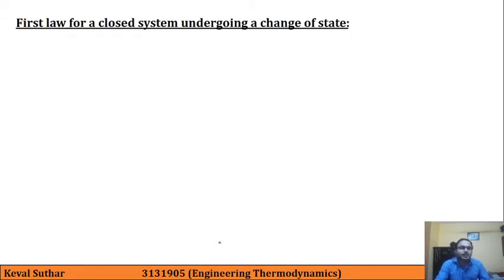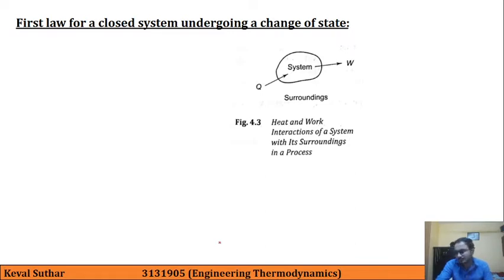Now we will apply first law of thermodynamics for a closed system undergoing a change of state. Here consider this simple example of system and surrounding where heat Q is entering and work output W is there.